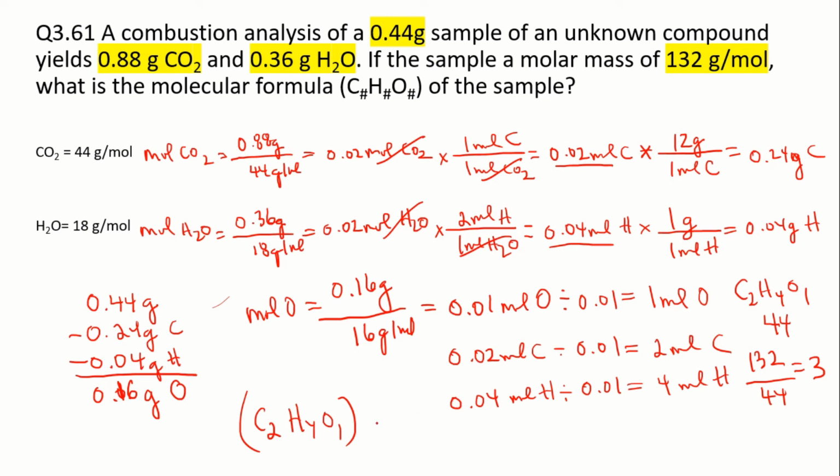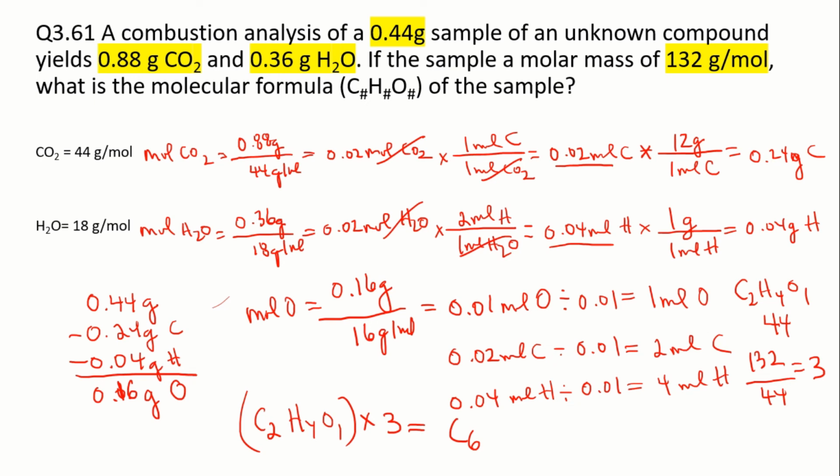So to find the total molecular formula, I take the empirical formula and multiply it by 3 to come up with the full molecular formula of C6H12O3. And that should be the final answer they're looking for in this problem.